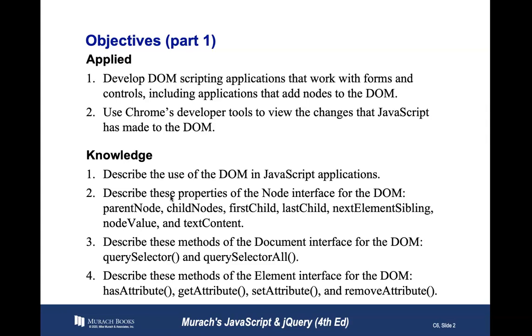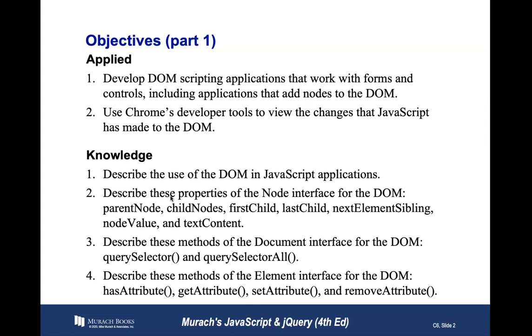You should be able to describe properties of what we call the node interface. And those include parent node, child nodes, first child, last child, next element sibling, node value, and text content. Now, right now, you should already be drawing associations between the HTML tags that you know are parent tags of other tags. Take an unordered list or a UL tag, for example.